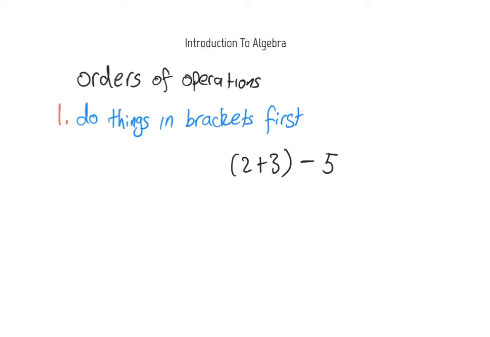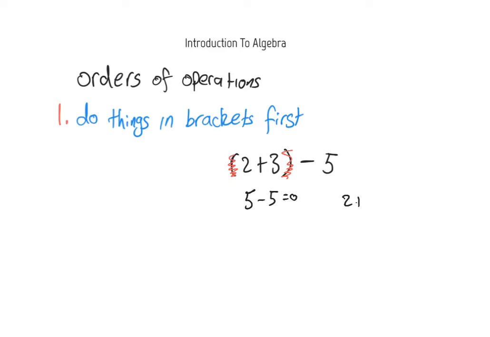When it says to do things in brackets first, this is what it looks like. This is what it's meant to be in brackets or parentheses. So you can either do 2 plus 3, which is 5, minus 5, which equals 0. Or you do 2, let's imagine that the brackets don't exist, if no one knows what it means.